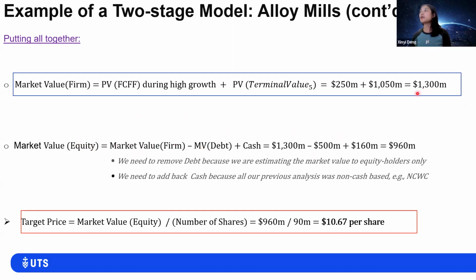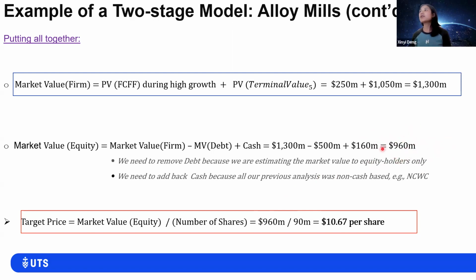In this question's case, we know that the market value of the firm is 1,300 mils, debt is 500, and cash is 160 mils. We do the calculation. The market value of equity is equal to 960 mils. With this information, we can also calculate the price.